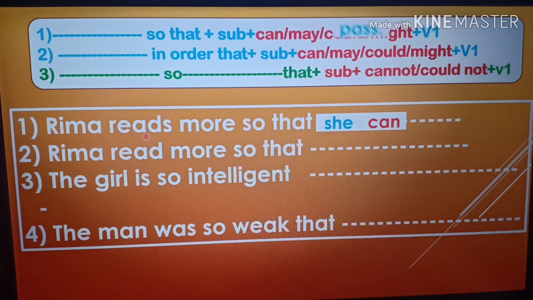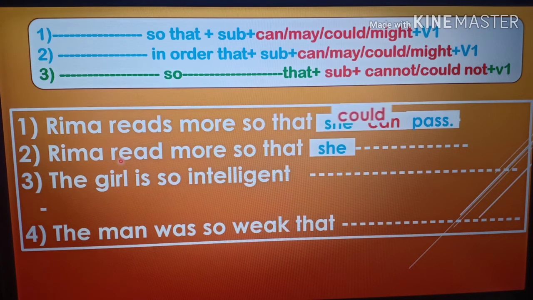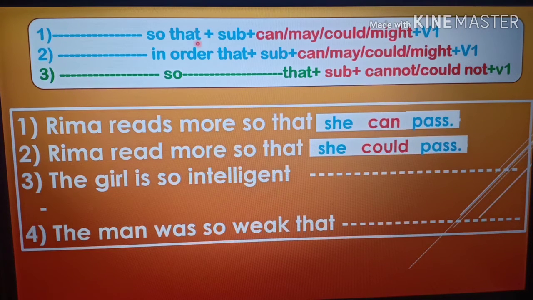She can, as she reads more so that she can pass. The second one, Rima read more so that. This is in past indefinite, so we have to use could, and again subject plus could and then verb according to the structure of the first one.